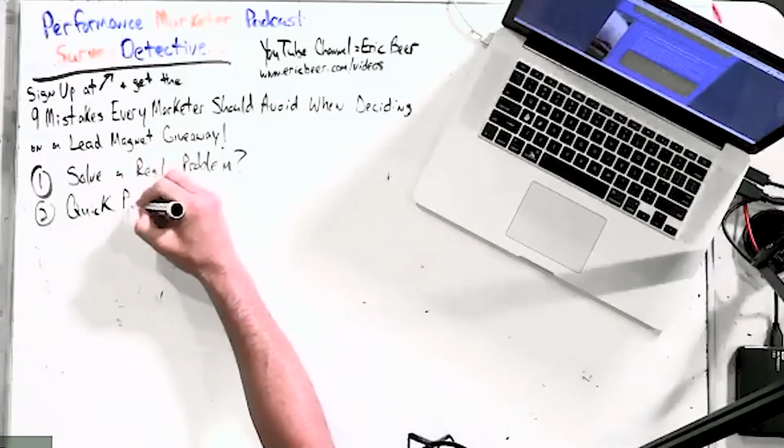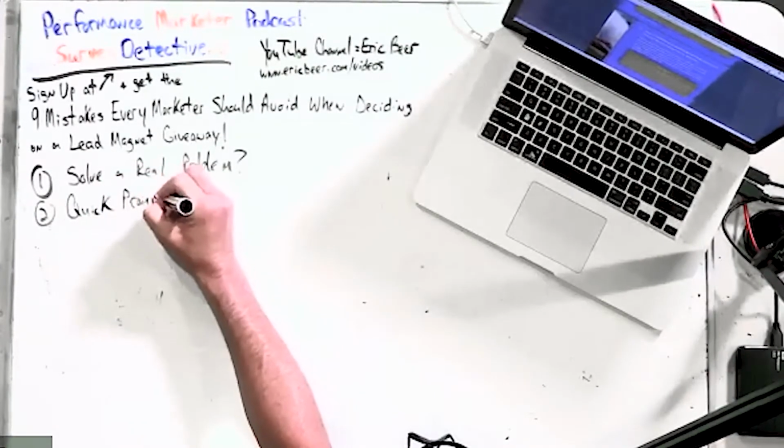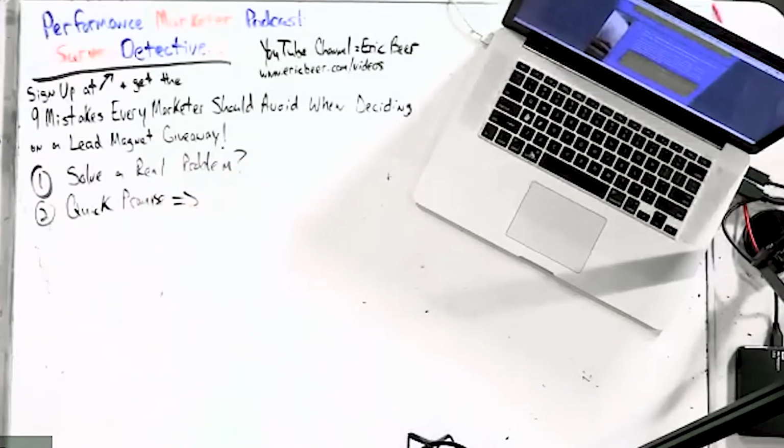Number 2, am I making a quick promise that will give them what they want? Okay? You want to give them something that is quick and easy for them to digest. Okay?